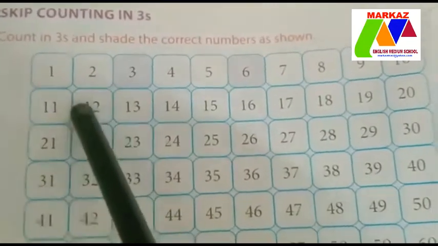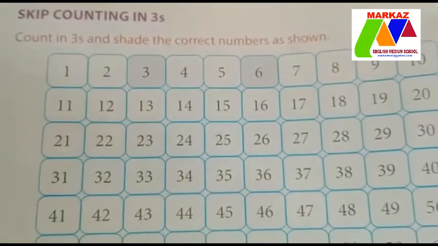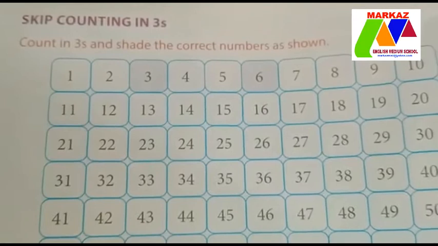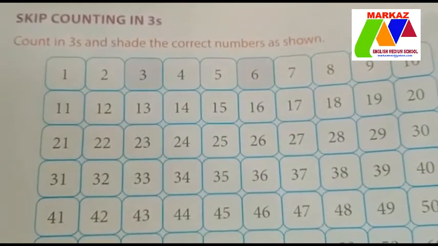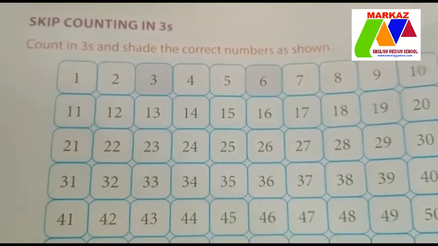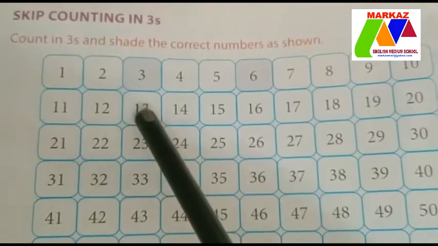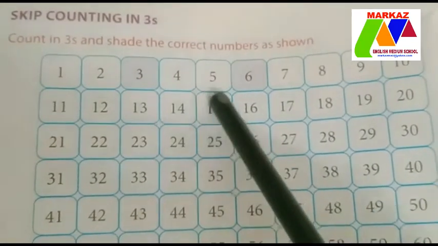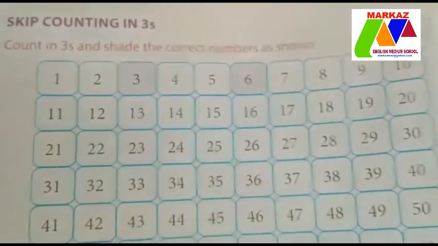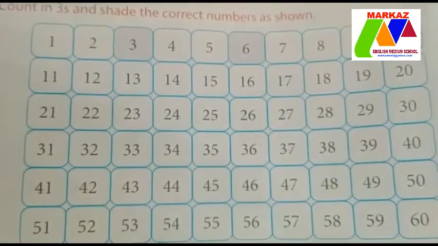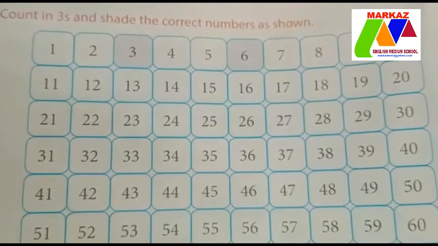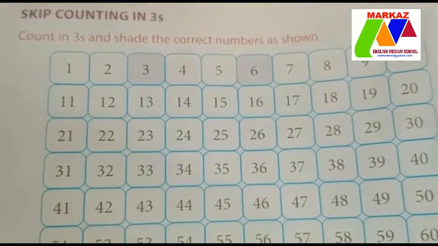We shade 12. We skip how many numbers? 2 numbers and reach another number. Clear? Then we skip 13 and 14. Then shade 15. Clear? All of you, shade the numbers.